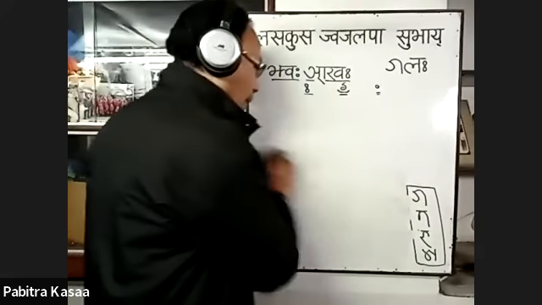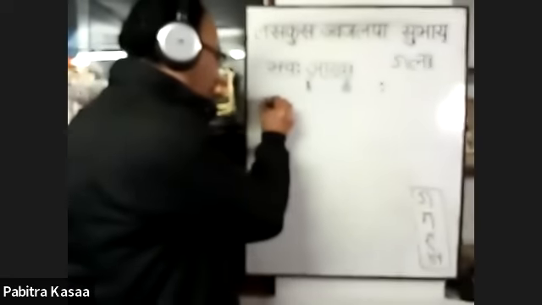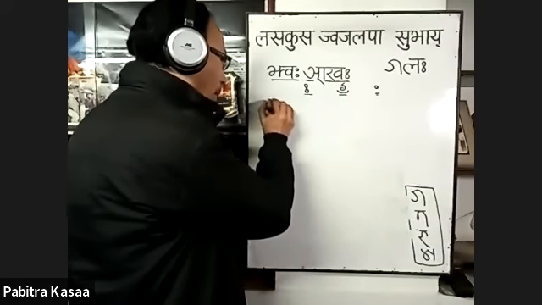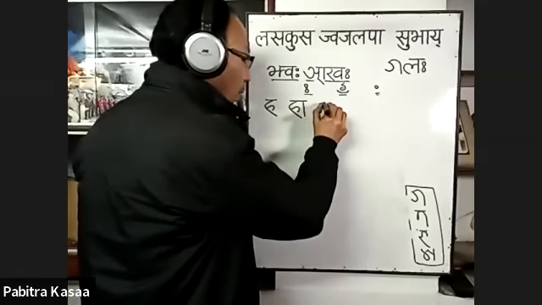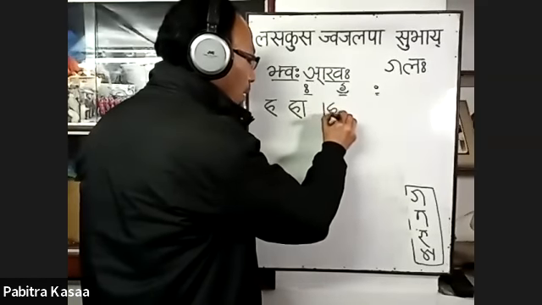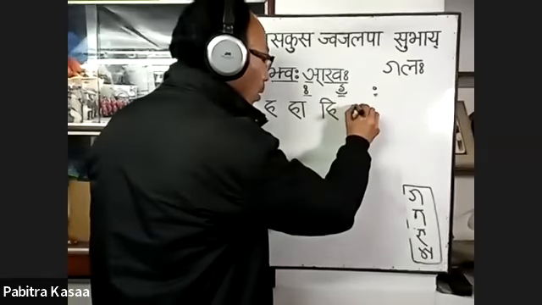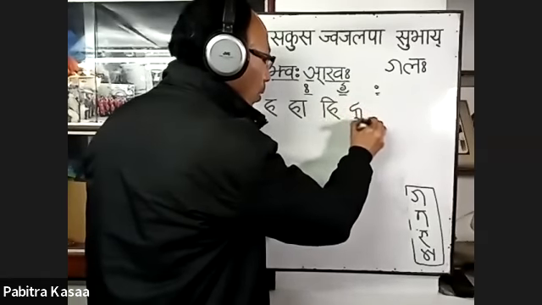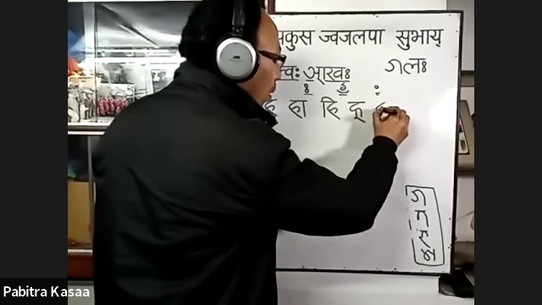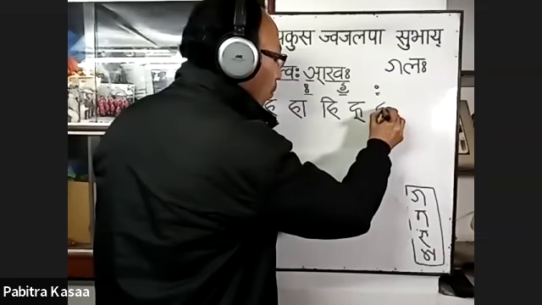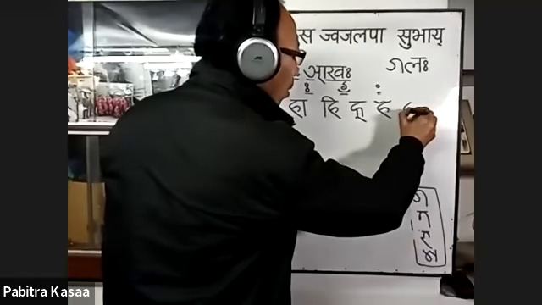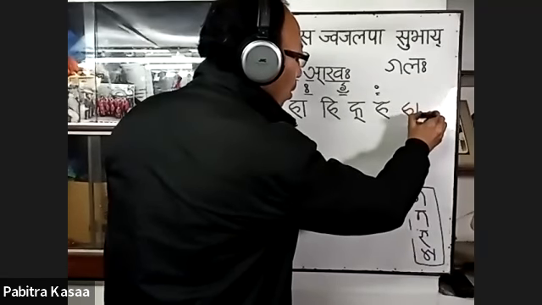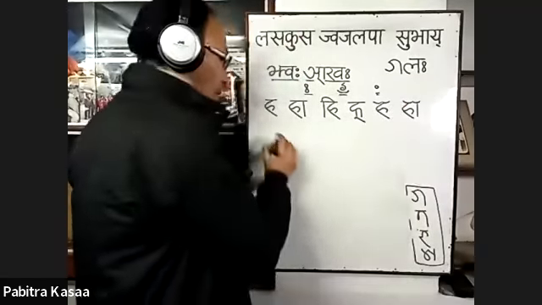Okay, let me write the ha completely. Ha. Ha. He. Who. He. He. Ho.